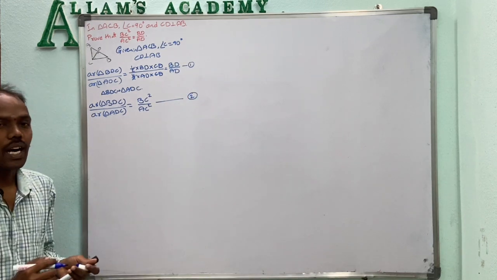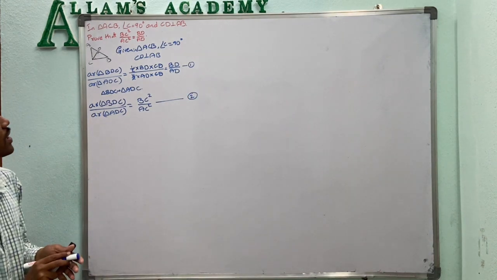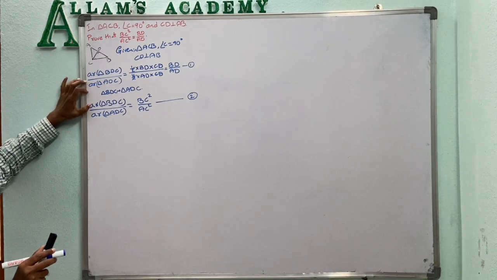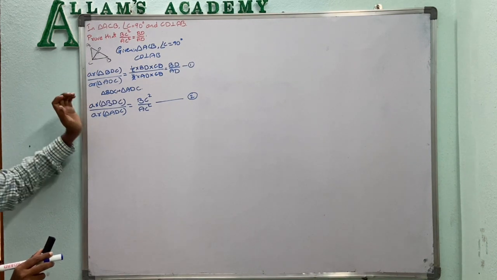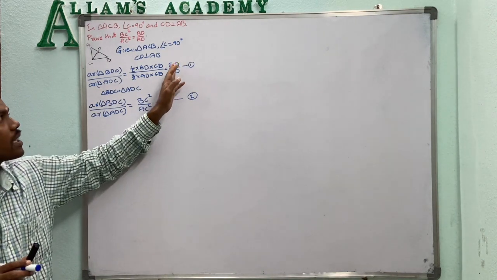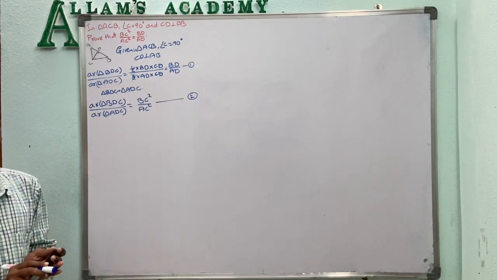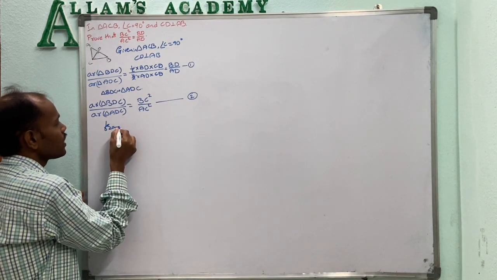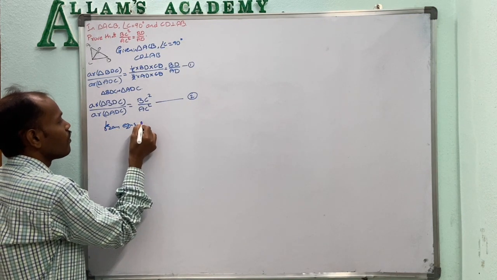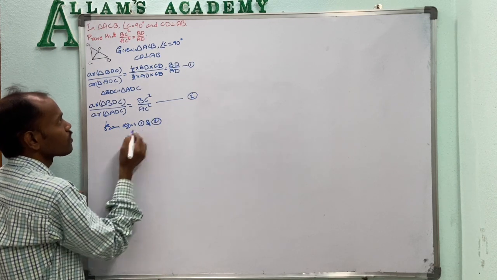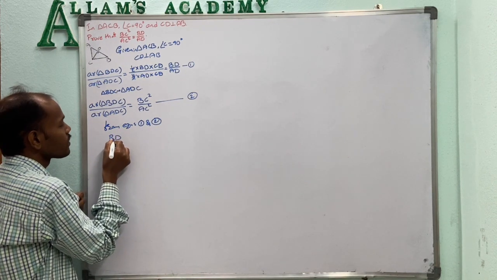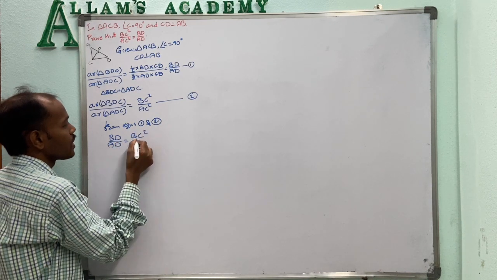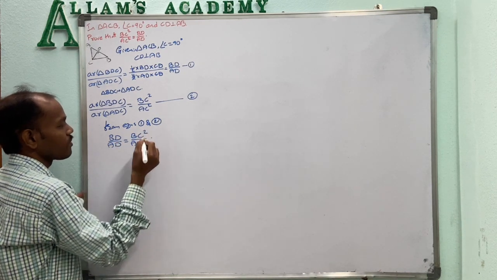Now if we observe equation 1 and equation 2, the LHS is the same, the area of triangle BDC by the area of triangle ADC. So from equations 1 and 2, BD by AD equals BC square by AC square.